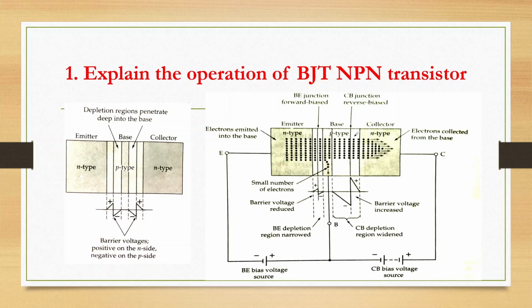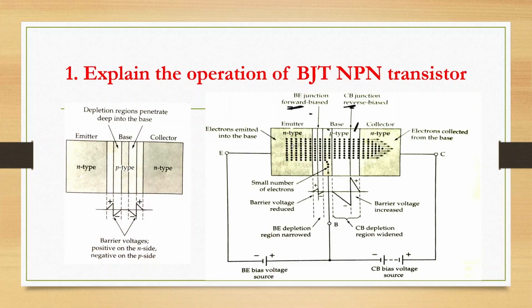The barrier potentials will be positive on the emitter and collector side and negative on the base region. For normal operation, the base emitter junction is forward biased, and the collector base junction is reverse biased.